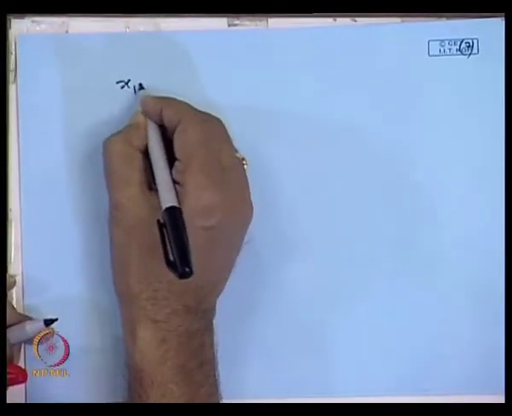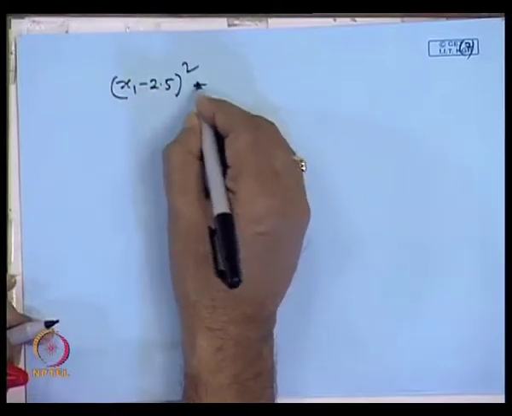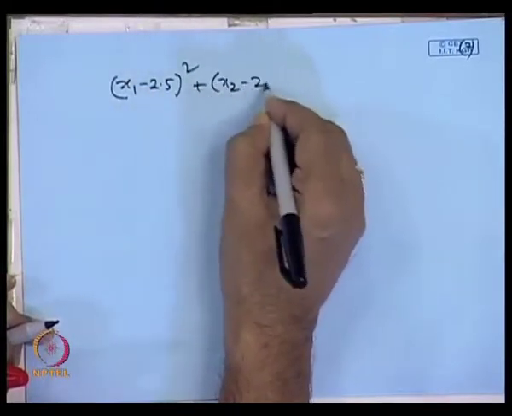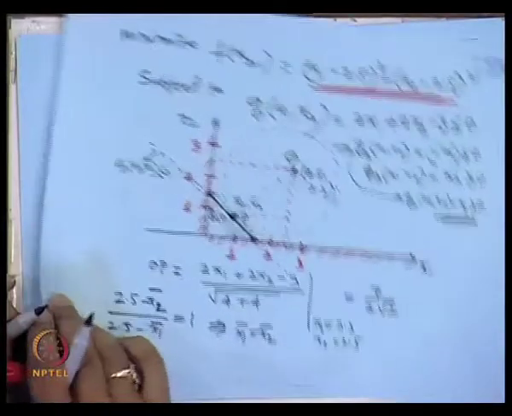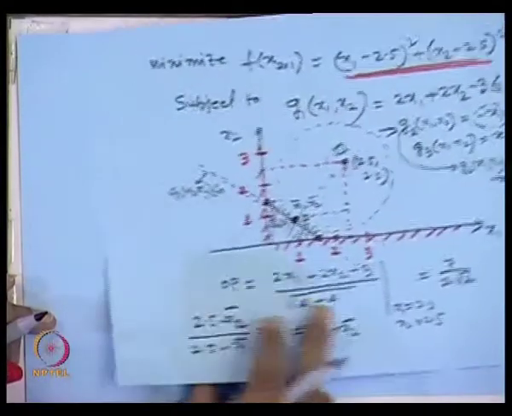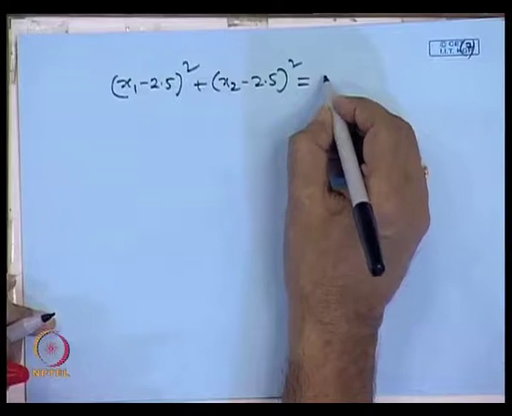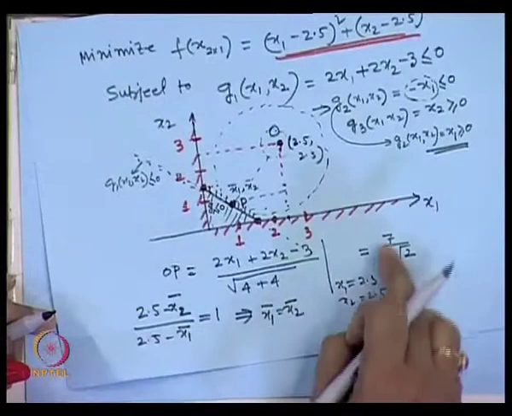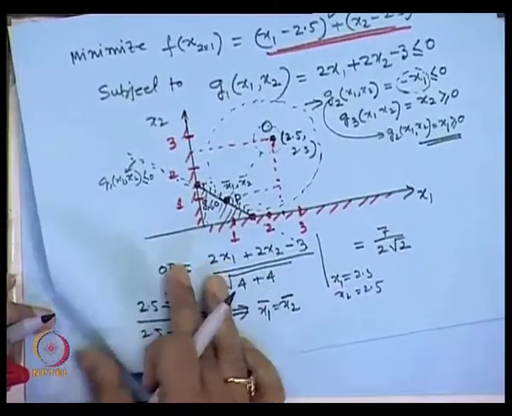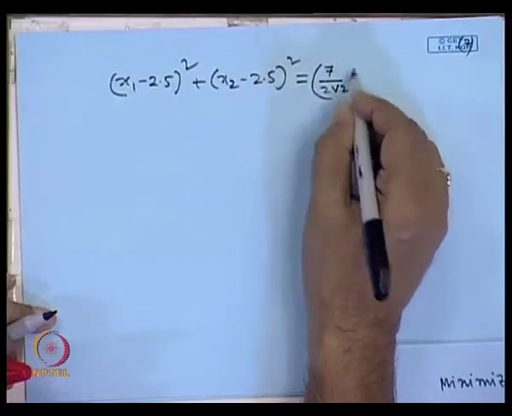The circle equation is x1 minus 2.5 whole square plus x2 minus 2.5 whole square is equal to the distance we got. If you recollect, the OP distance is 7 by 2 root 2, so 7 by 2 root 2 whole square.